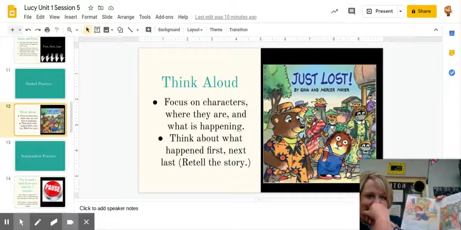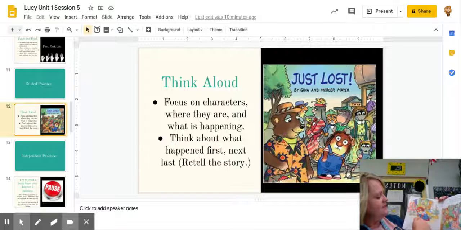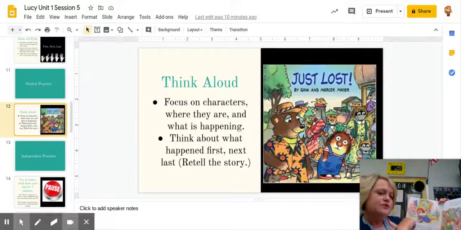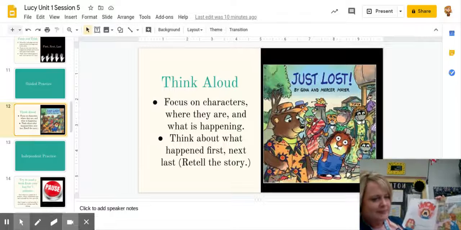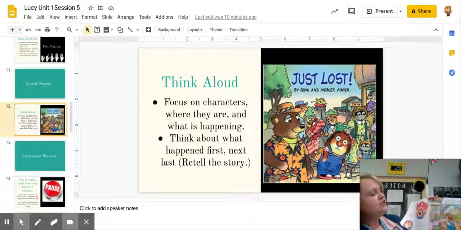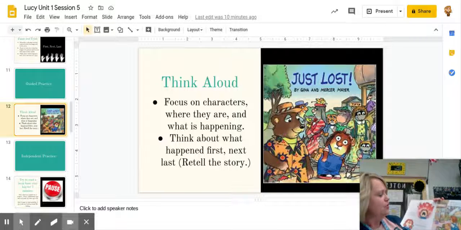So now I noticed that there in the middle of the mall, little critter stops to tie his shoe. And I can predict what's going to happen. I know you can too. He's going to get up and mom's going to be gone, right? When I stood up, I couldn't find mom. I climbed up on the bench to look around.